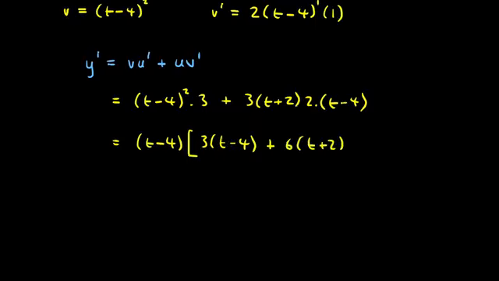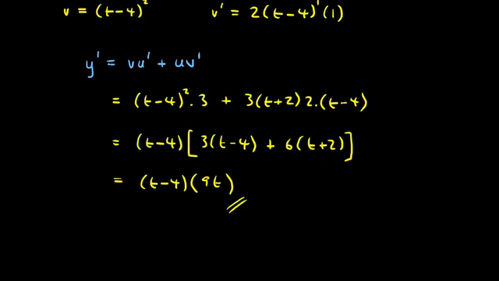I've got the 6 because I got 3 times 2 there. Well, I can simplify the big bracket. I've got 3t plus 6t, which is 9t, and I've got minus 12 plus 12, which is 0. I end up there with 9t times t minus 4.